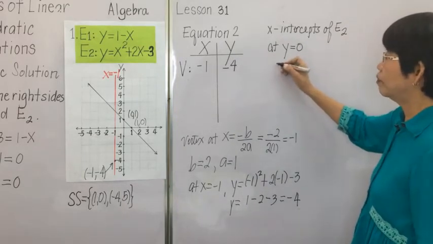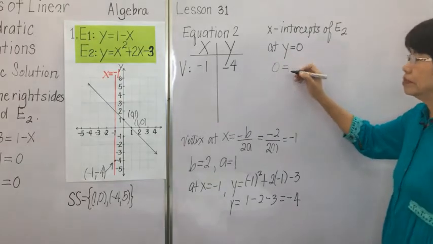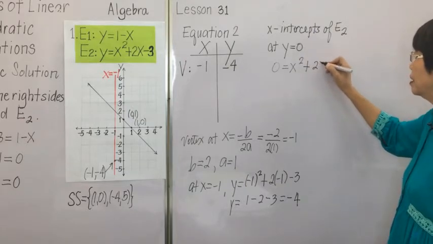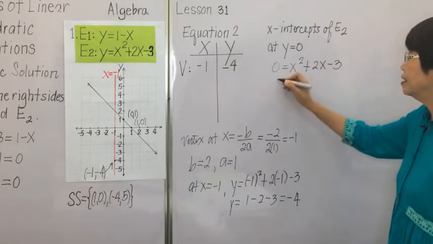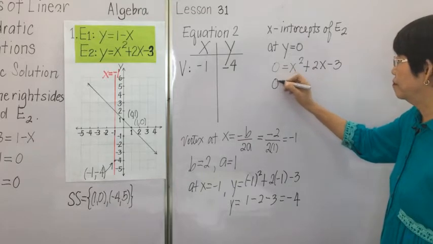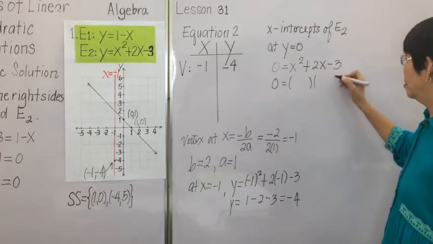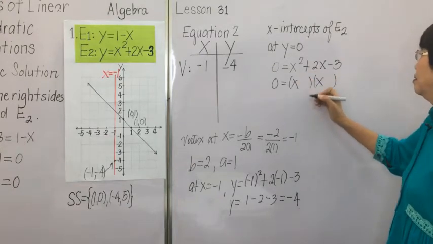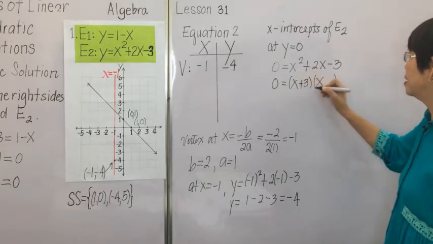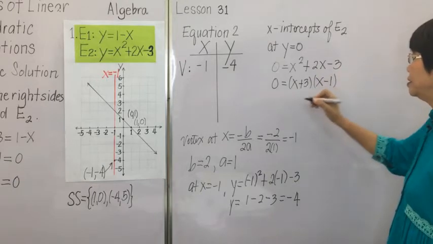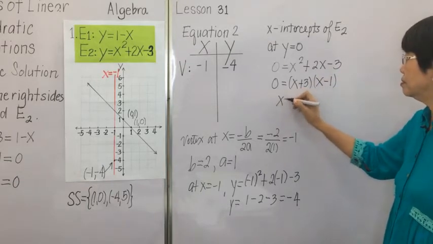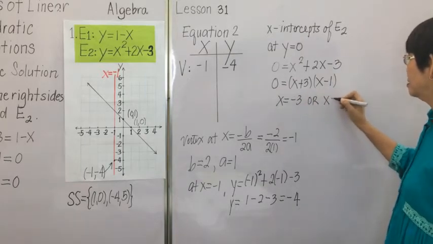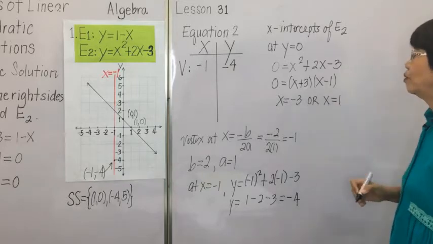So we set y equals 0, equation 2. 0 equals x squared plus 2x minus 3. And then we solve, get the factors. So we have positive 3 and negative 1. So x is equal to negative 3, or x is equal to positive 1.